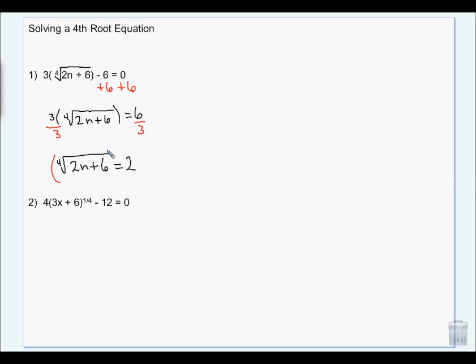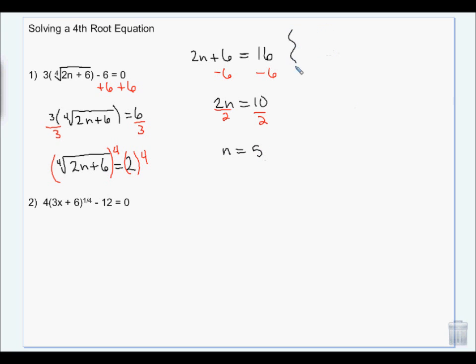Okay, since it's the fourth root, I take everything to the power of 4. And I get 2n plus 6 is equal to 2 to the 4th, which is 16. Subtract 6. 2n equals 10. Divide by 2. N equals 5.